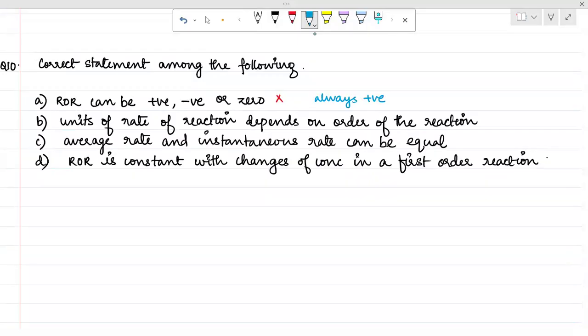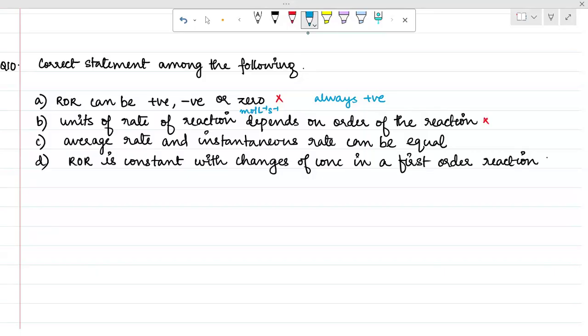Okay, so pay attention. Option B. Units of rates of the reaction depends on the order of the reaction. Is that true? No. The units of rates of the reactions are always moles per liter per second. Rates of the reactions units will never change.